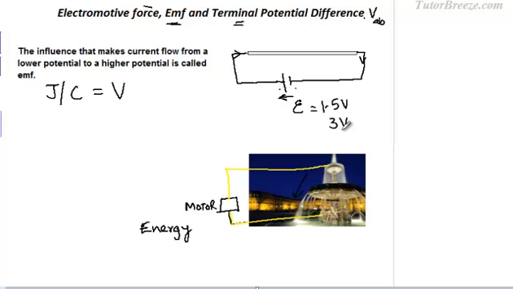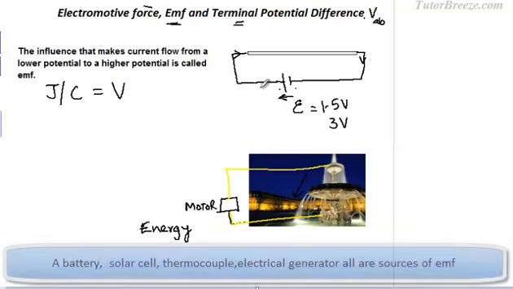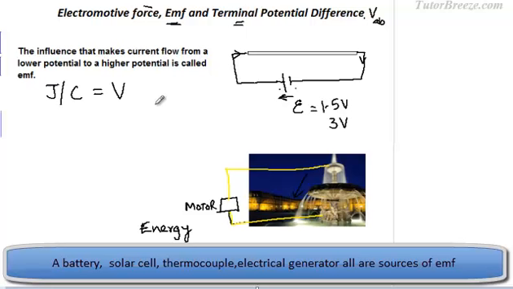Now, an EMF of 3 volts would provide double the energy to 1 coulomb of charge that passes through it as compared to an EMF of 1.5 volts. You can have a couple of sources of EMF. It could be a battery, it could be a solar cell, because the sun's energy is being used to provide energy to the charges.